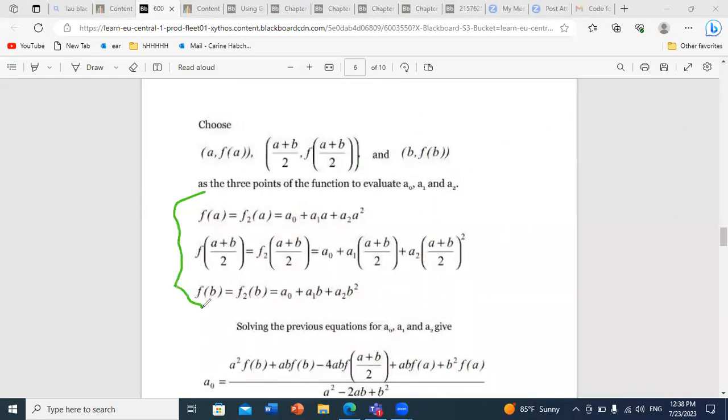Your system of equations, in order to get the 3 unknowns a0, a1, and a2, is just to say that the function should pass by the first point, the second point, and the third point. This is a linear system because you have data points. You can calculate f of a and f of b, these are numbers. So you have a linear system of 3 unknowns. When we don't have numbers, it's a somewhat lengthy solution.